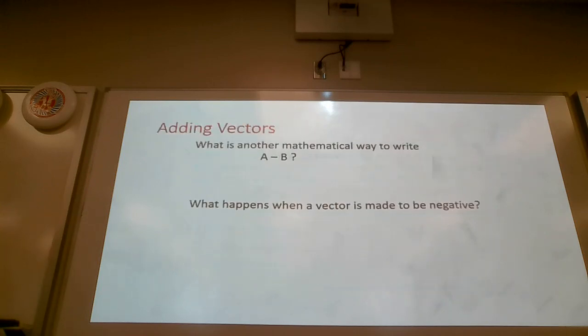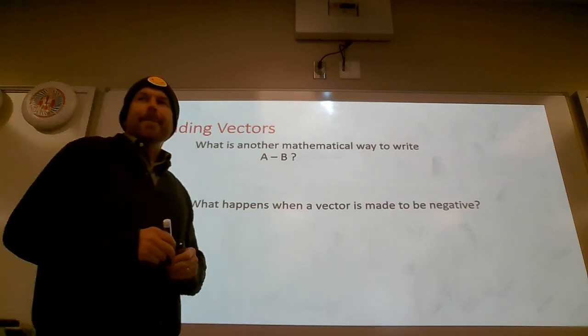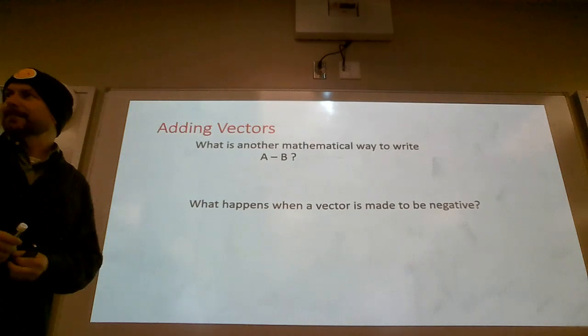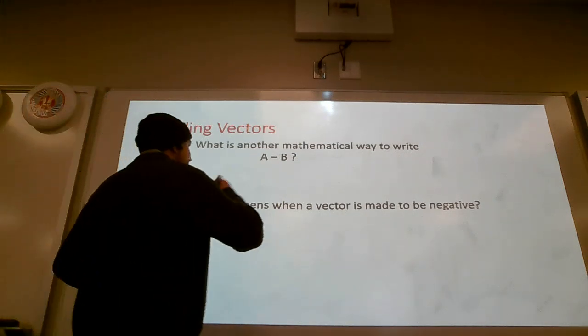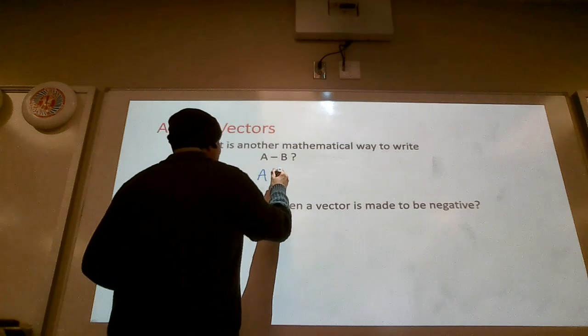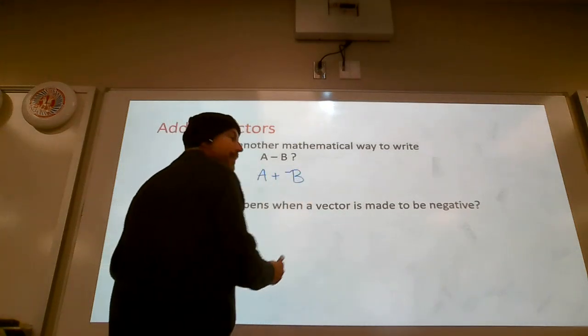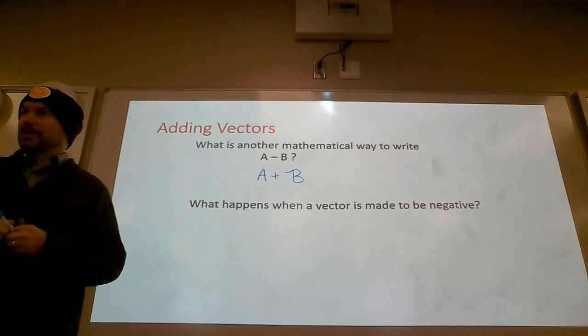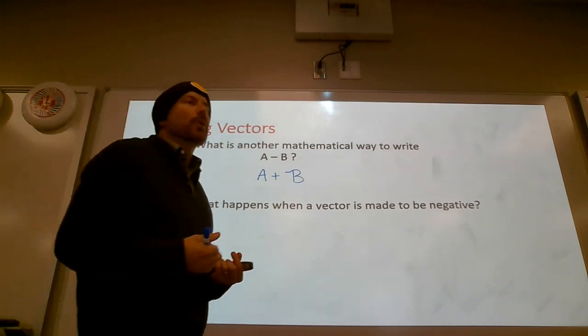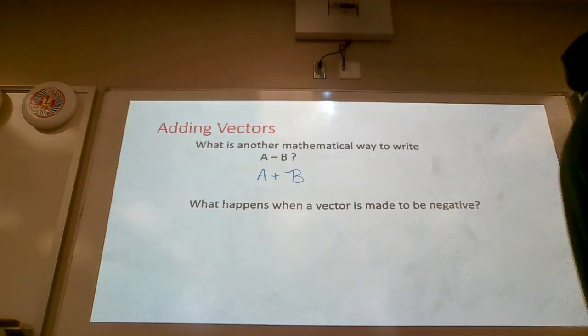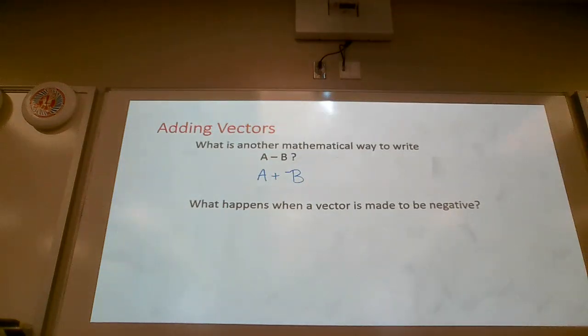Okay. All right. What's another way to write A minus B in math class? A plus a negative B. Good with that? Okay. With vectors, what does it mean if a vector is negative compared to positive? What does that communicate?